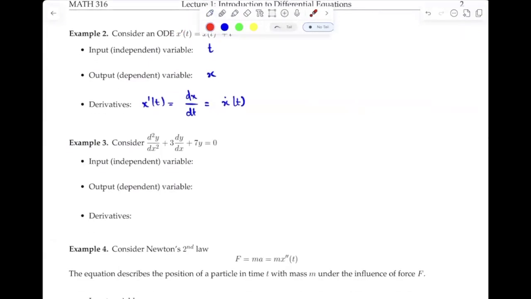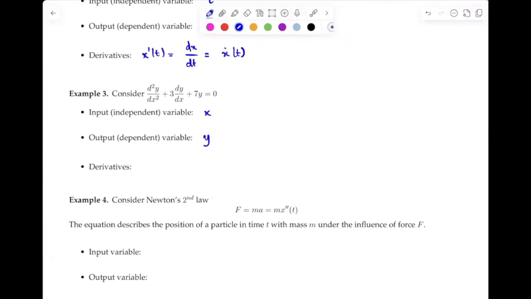Now I'm going to move on to example 3. I have d squared y/dx squared plus 3 times dy/dx plus 7y equals 0. This is a second order differential equation because the highest derivative is 2. This clearly states that you take the derivative of y with respect to x, so it's easier to identify the independent and dependent variables. The dependent variable in this case is y, and the independent variable is x.